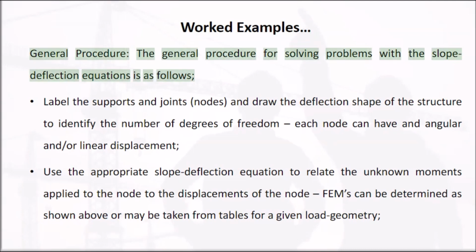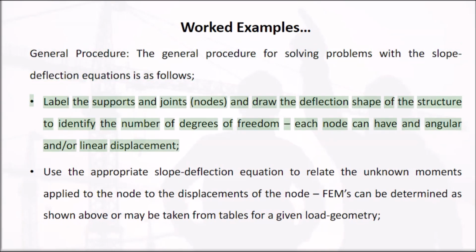General procedure. The general procedure for solving problems with the slope-deflection equations is as follows. Label the supports and joints, nodes, and draw the deflection shape of the structure to identify the number of degrees of freedom each node can have, an angular and/or linear displacement.